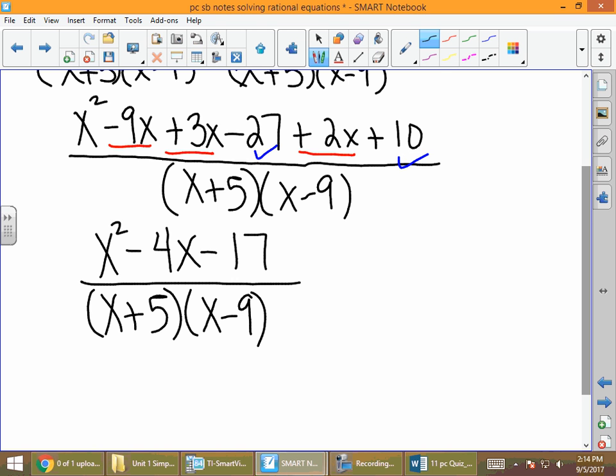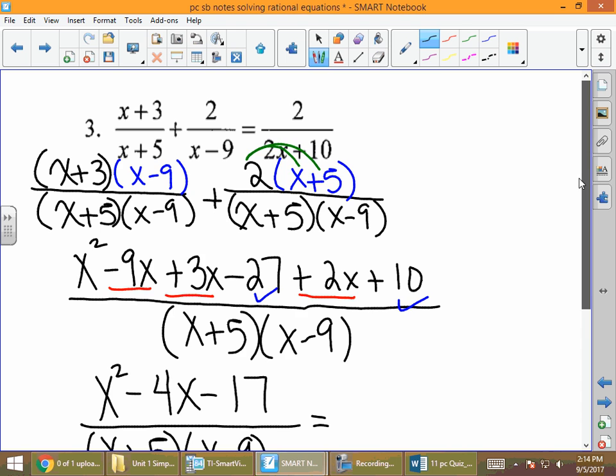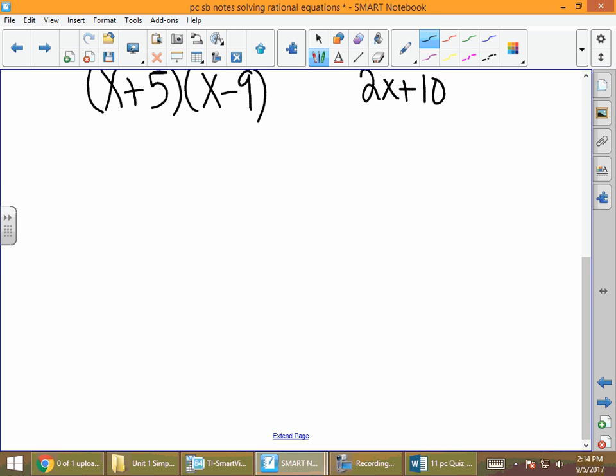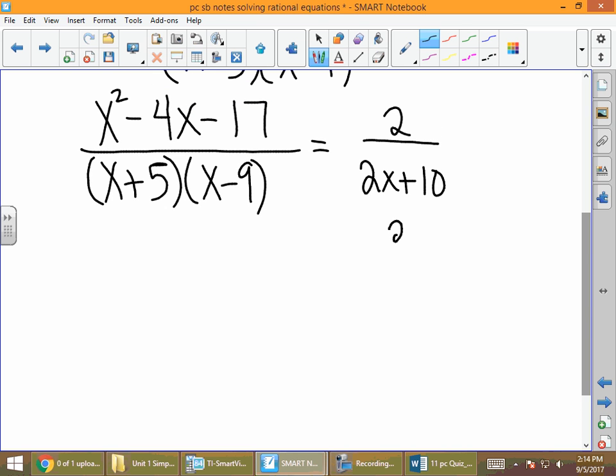We still have this right side of the equation, which is 2 over 2x plus 10. Now, as we take a look at that right-hand fraction, can we do anything to that? Let's take out a 2. We can deal with that greatest common factor of a 2. Greatest common factor of the denominator is a 2.